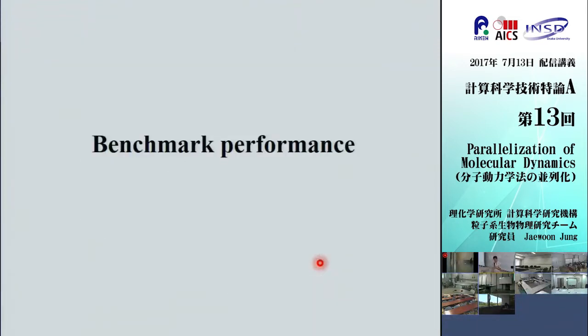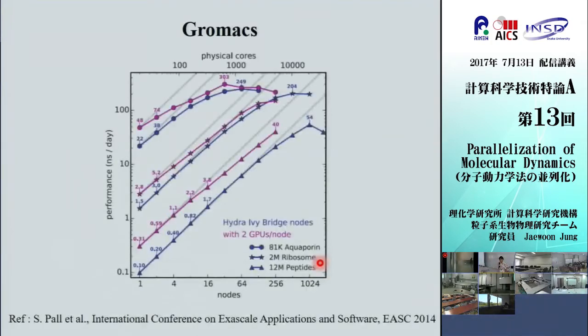So now I'll move to the benchmark performance results. This is the benchmark result of GROMACS in 2014. In this case, GROMACS makes use of CPU and GPU. So not only CPU, but also GPUs are assigned for this. In fact, for this case, ribosome, GROMACS has a very good performance. But in some cases, GROMACS makes use of a very large time step.